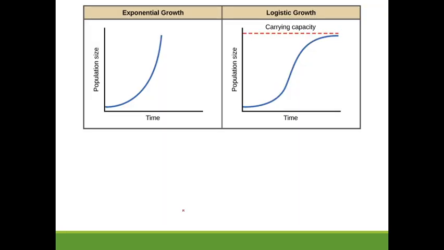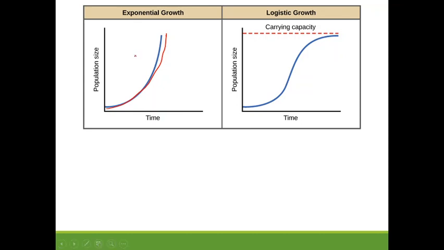Now, you've probably seen this in a variety of different courses where we have exponential growth versus this idea of logistic growth. Exponential growth is this J-shaped curve where we see with time the population gets real big real fast.